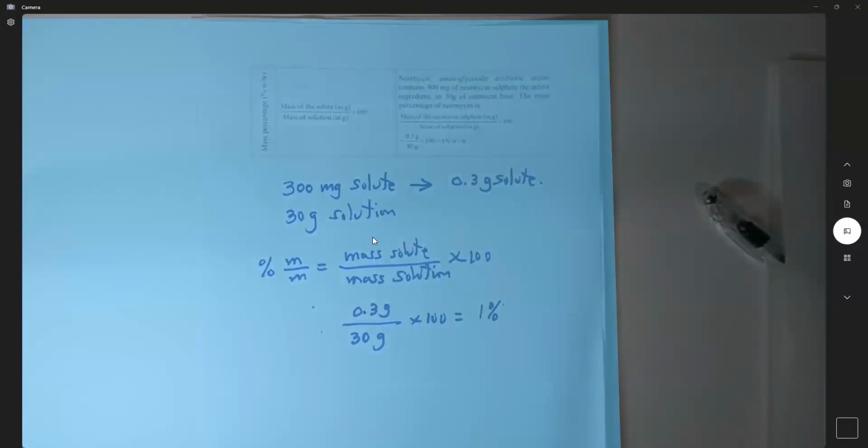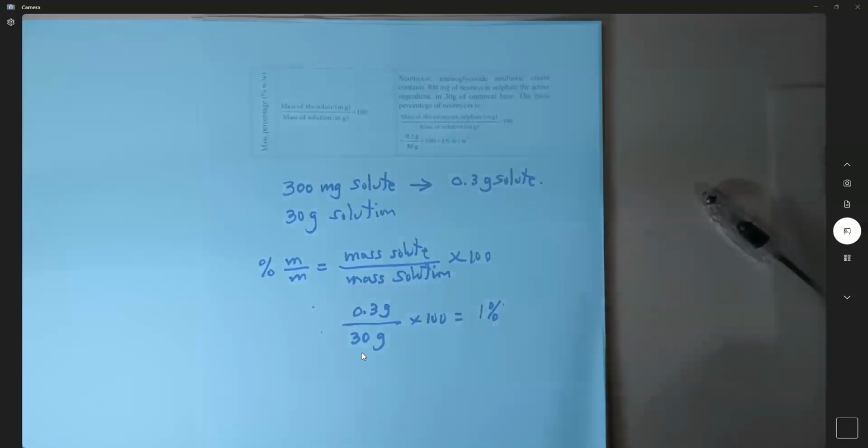Then you divide mass of solute by mass of the solution, you multiply by 100, in this case is 0.3 grams of neomycin sulfate by 30 grams of solution, multiply by 100, and you get that it is 1%. Only one significant figure, because you have here one significant figure and one significant figure.